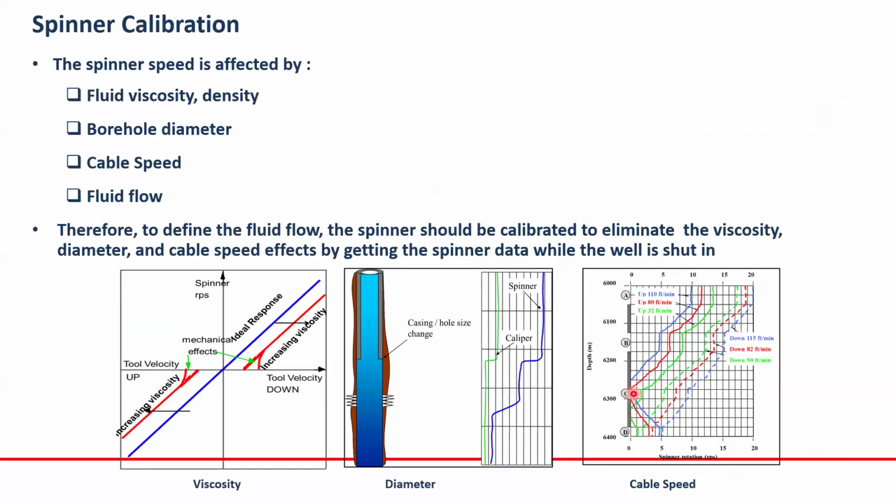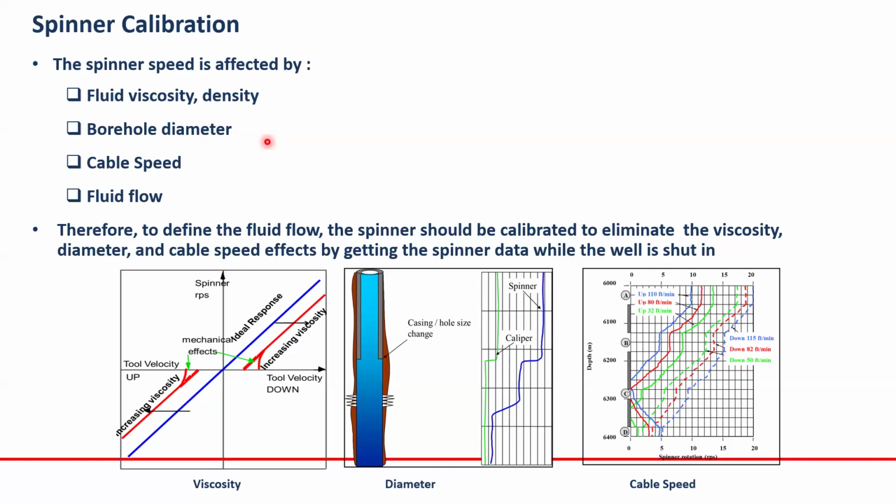What is the main objective of this spinner? How much rate we have. To define the rate, we have many parameters affecting this spinner, so we have to calibrate for them.